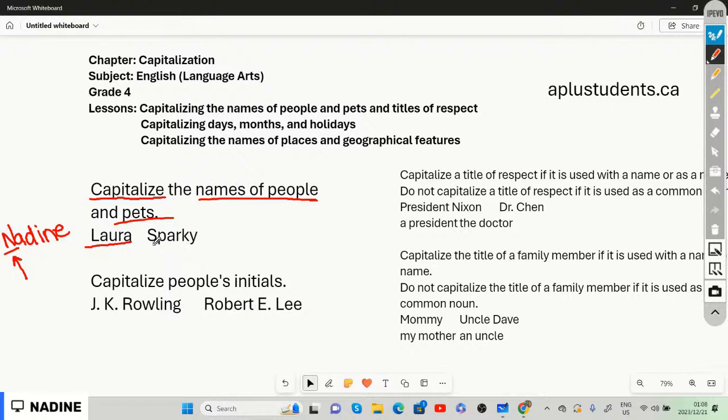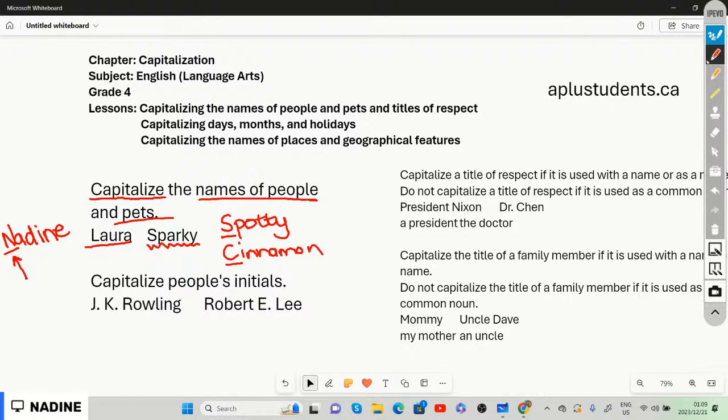So we also capitalize names of pets. Like for example, Sparky. Or maybe the name of your pet is Spotty, right? For example, the name of my pet is Cinnamon, right? So we need to capitalize the name of your pet. But if you're going to say my dog, then the word dog needs to be in lowercase. If you're going to say my cat, then cat needs to be in lowercase.